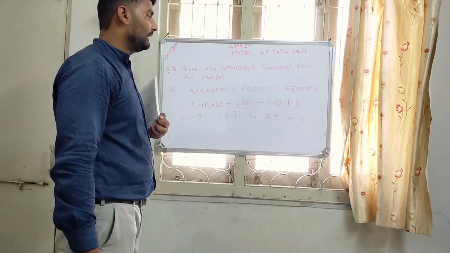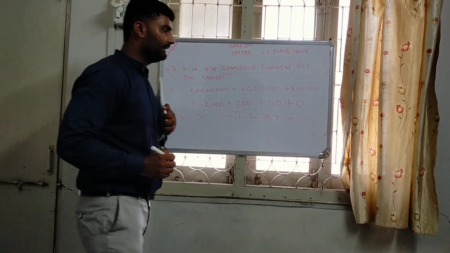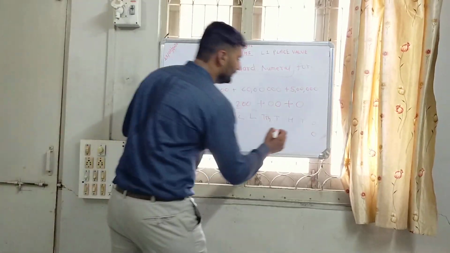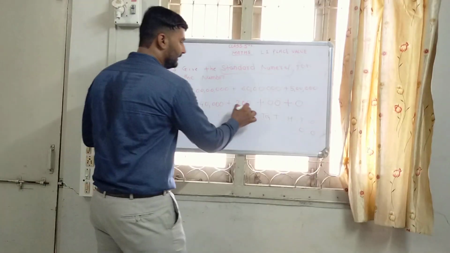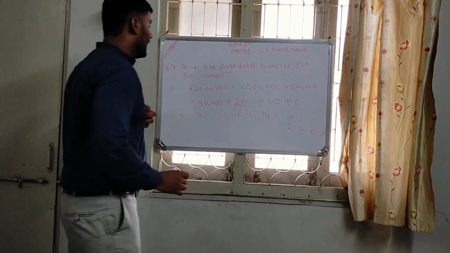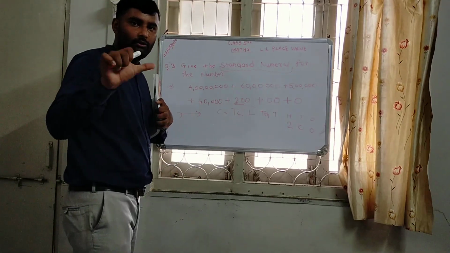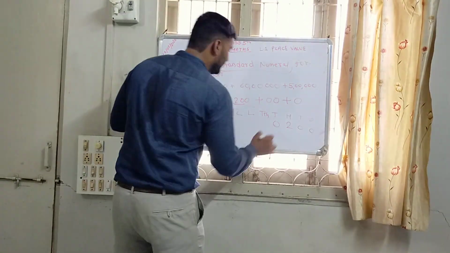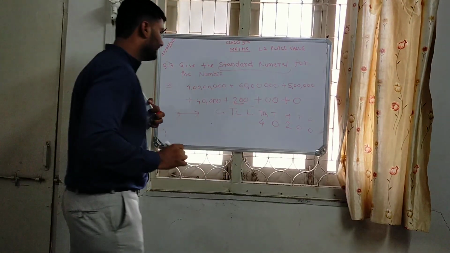Okay. So now how many ones are there? 0 ones are there. How many tens are there? 0 tens are there. How many hundreds are there? 2 hundreds are there. How many thousands are there? 0 thousands are there. How many 10,000 are there? 4 10,000 are there.